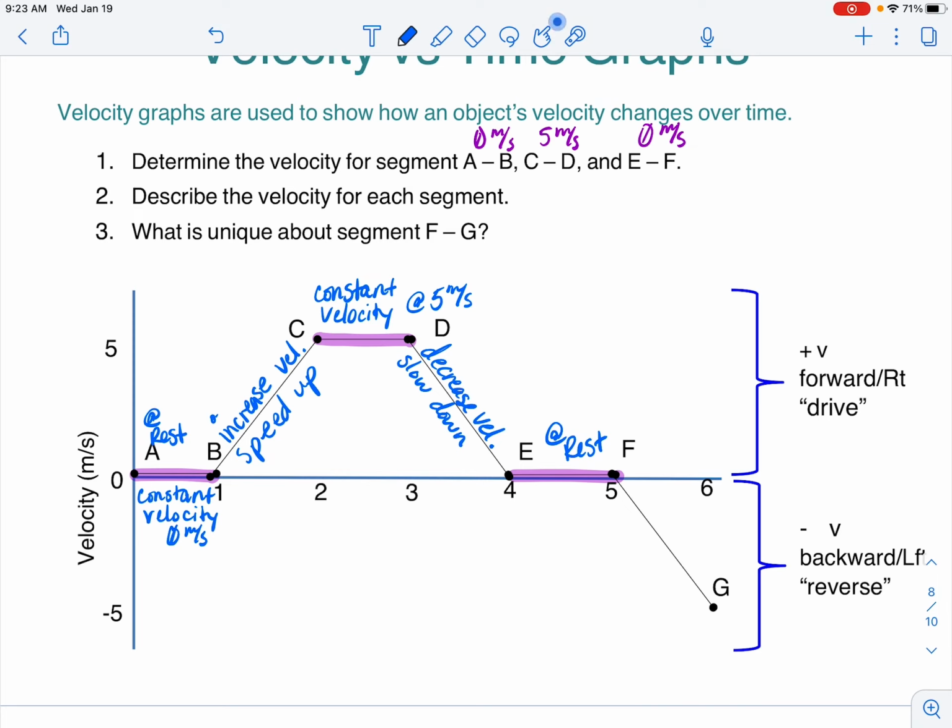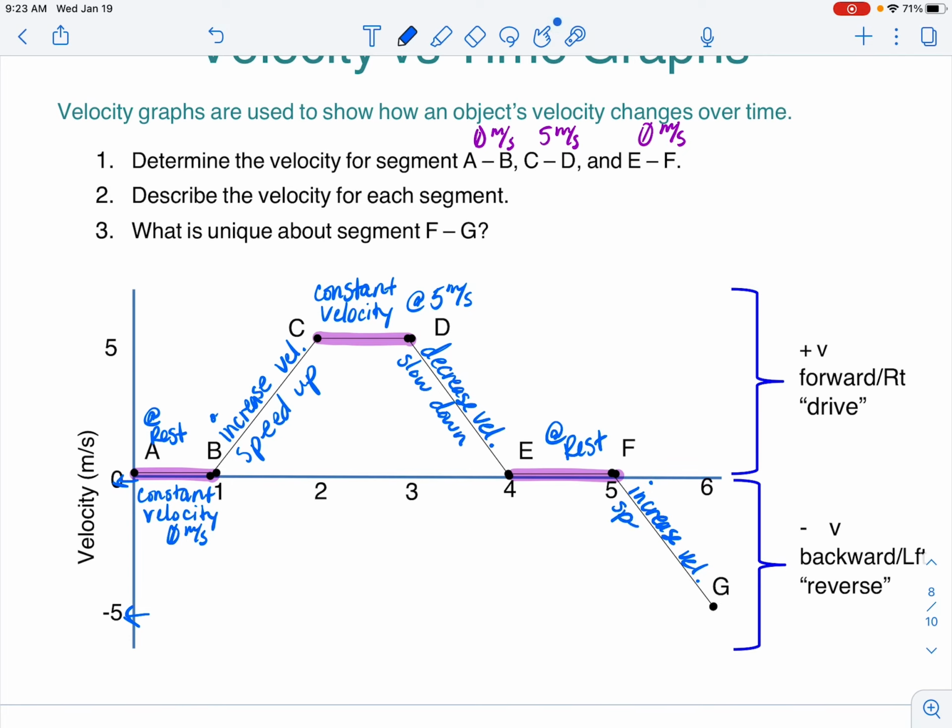What this means is that my object has gone from a velocity of 0 to a velocity of -5. So we have an object that has increased its velocity. An increase in velocity means that we sped up. This is something that speeds up, okay?